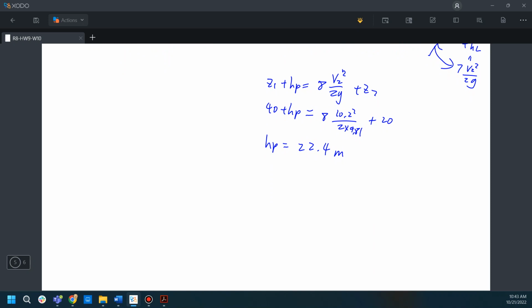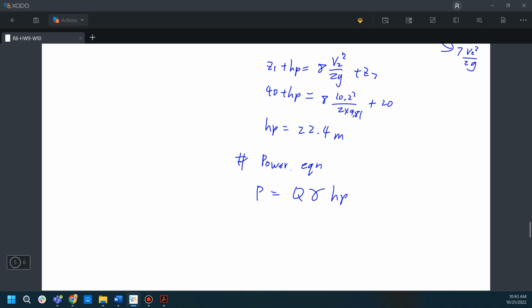Then we can apply the power equation for the third step. The power P is Q times gamma times the pump head.